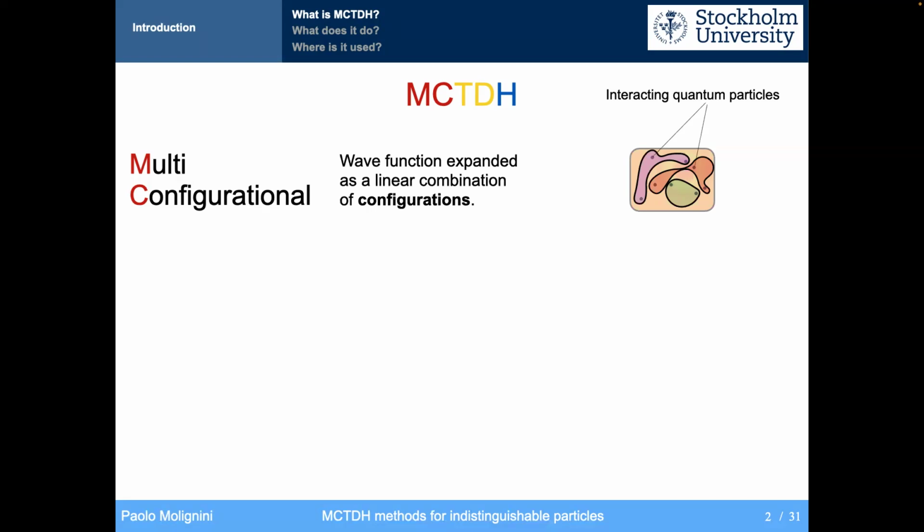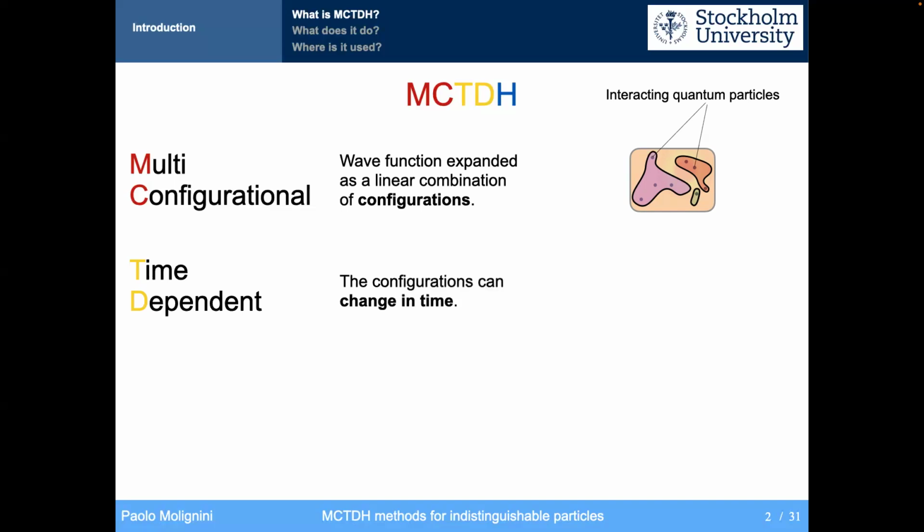In this figure, the dots are the quantum particles that are interacting with one another, and then you find a way of describing them with these partitions. This could be one configuration, but there could be another, there could be yet another, and so you have to use a linear combination of all these different configurations to expand your wave function, and that's where the MC, multi-configurational, comes from.